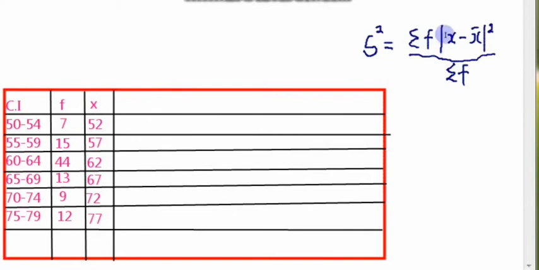For the next thing, we need the mean. Because of this mean, we need FS on this table, because the mean formula states that S bar is equal to summation FS divided by summation F. This is the formula for mean.